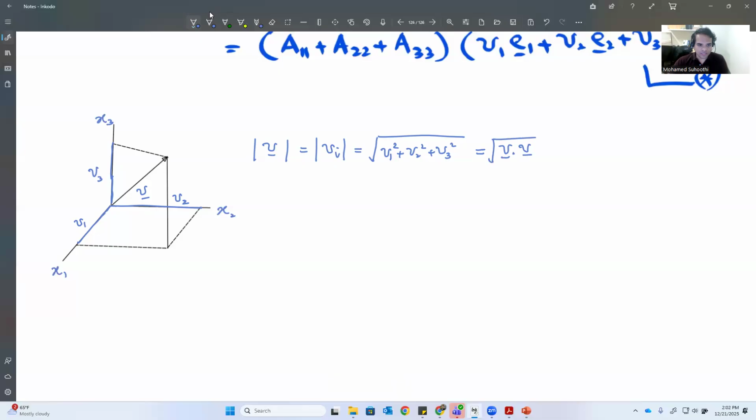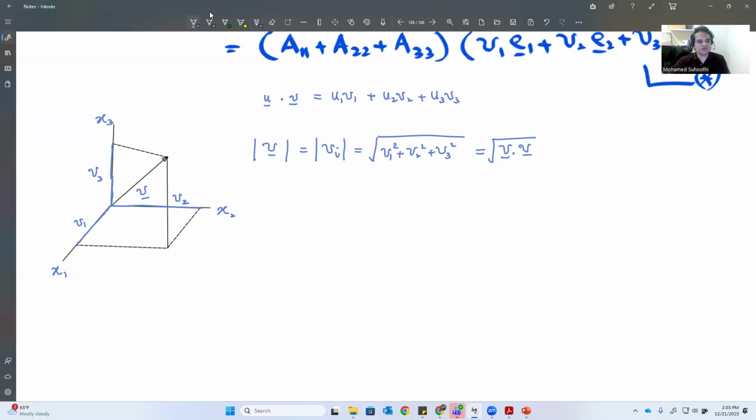Because you remember, for two vectors, vector U and vector V, the dot product is U1 V1 plus U2 V2 plus U3 V3.